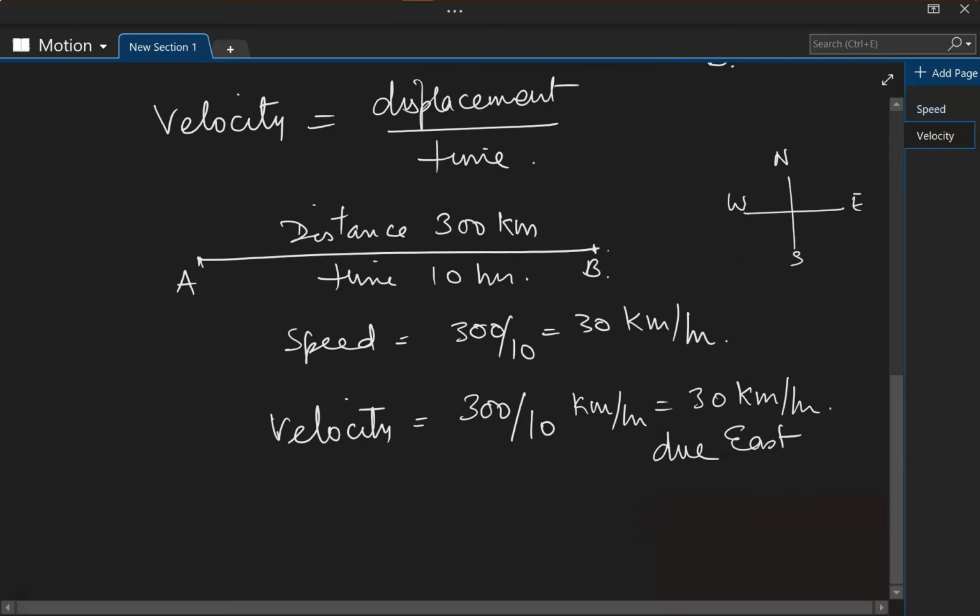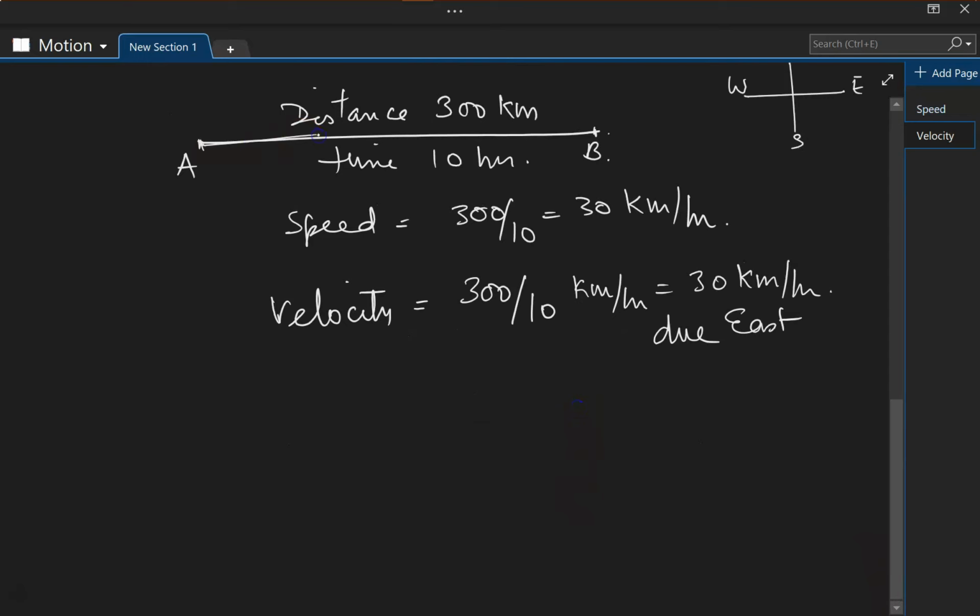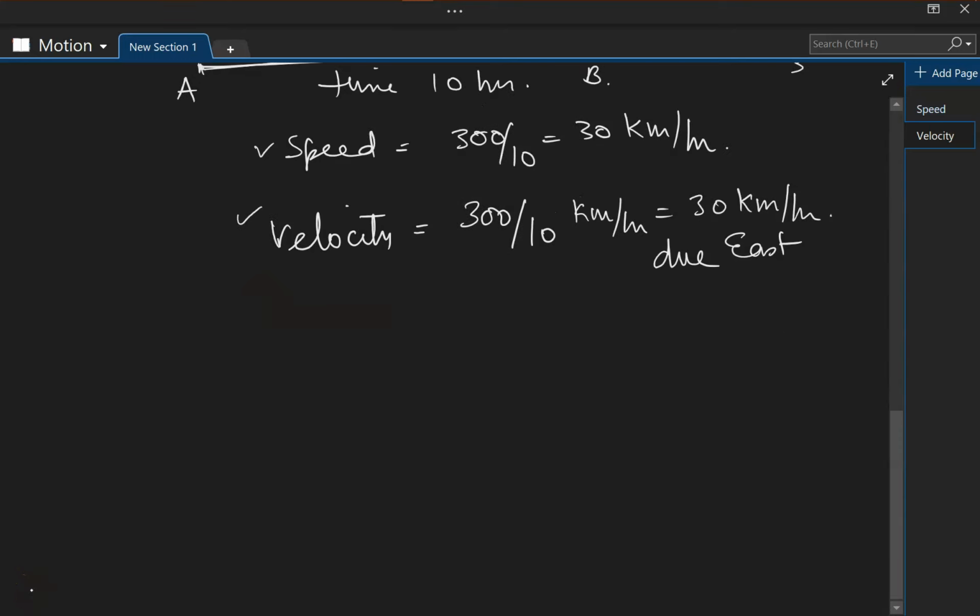Or we might have an angle also. If we talk in terms of angles, it is 0 degree. Okay, in this case there was no difference between speed and velocity as far as the magnitude is concerned. Let's look at another example where speed and velocity will be different in magnitude.